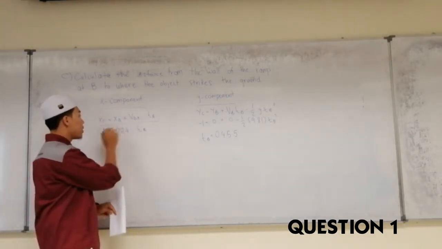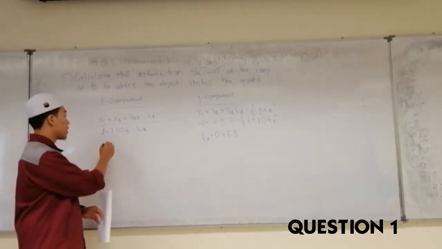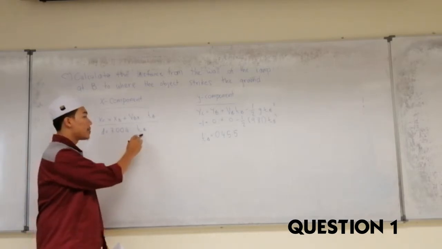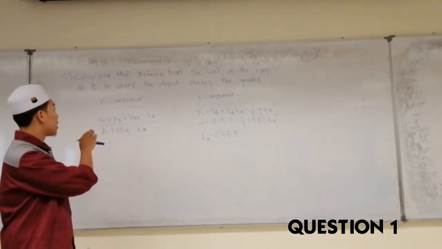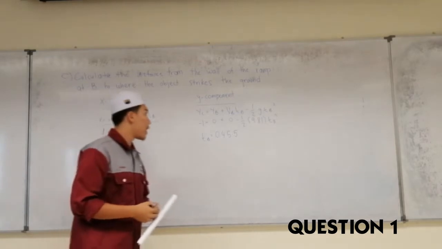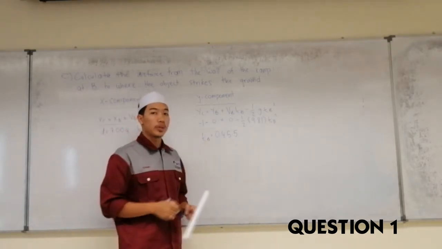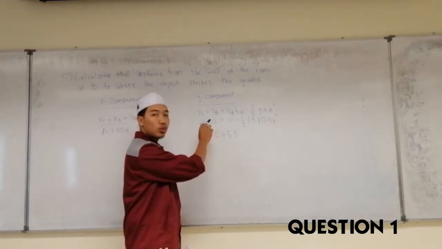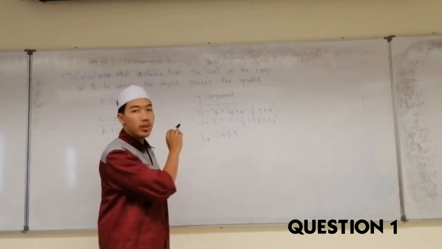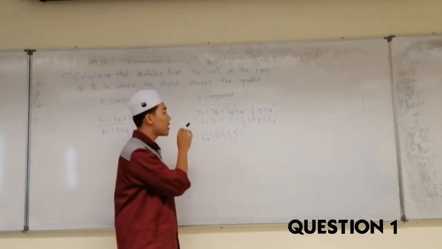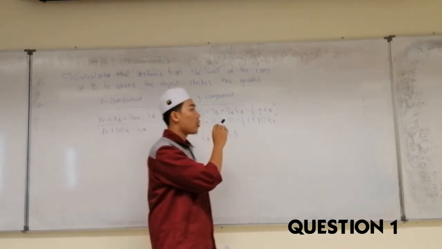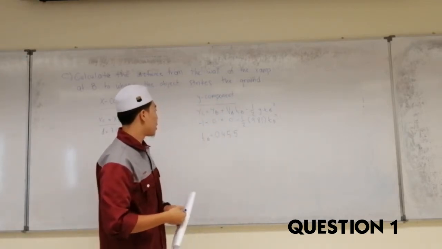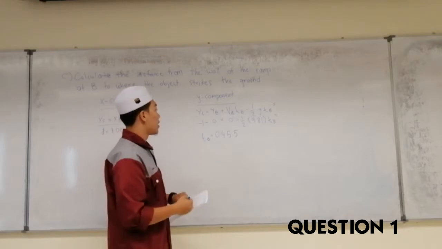From this equation we get D equal to 7.004 TB. That is for the X component. After that we have to calculate the Y component. We use the equation YC equal to YB plus VBY times TB minus 1/2 g TB squared.